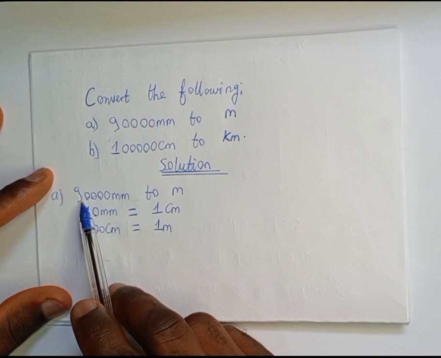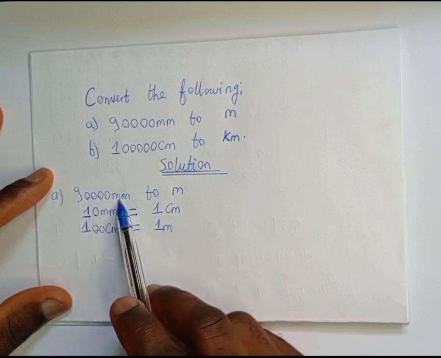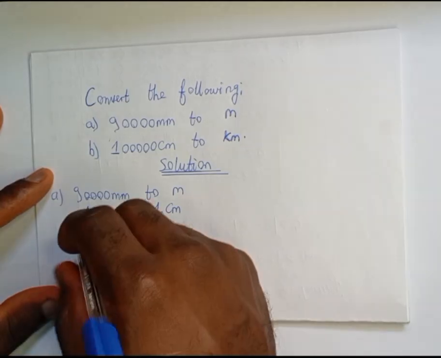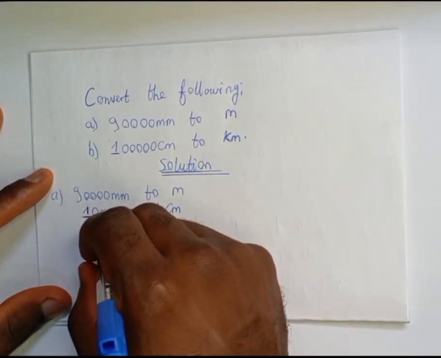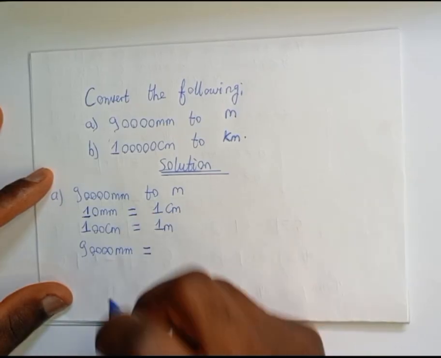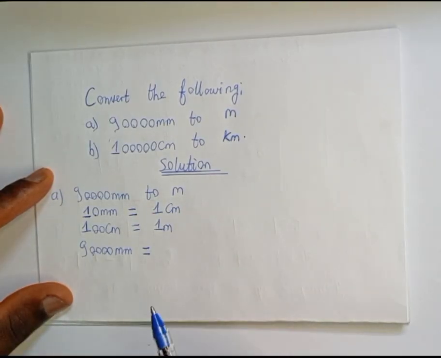First, we are going to start by converting the 90,000 millimeters to centimeters. Comparing millimeters and centimeters, centimeters is a higher unit of measuring length.